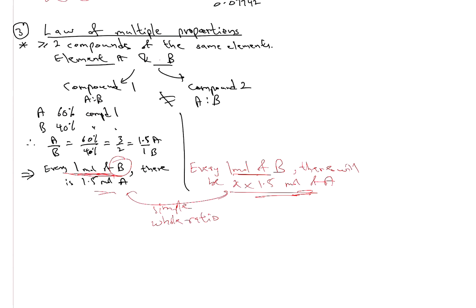Okay, so if I say that in this case, say A, or rather say if I say B contributes, say, 20% of compound 2, how much of A is that?